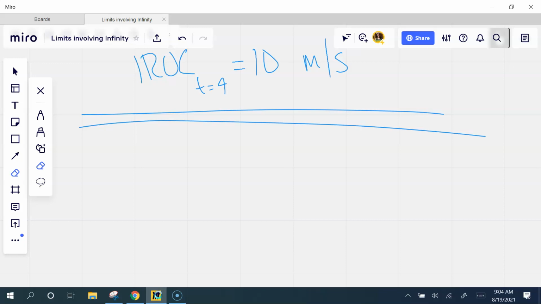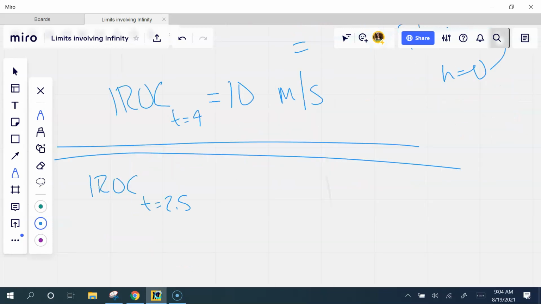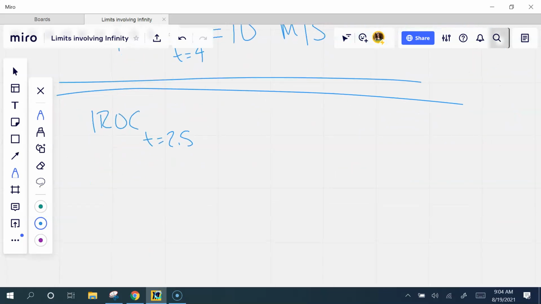You plugged a 0. Remember, I want when h equals 0. I did all that because I was manipulating it so that I could substitute 0. If you did not do the algebraic manipulation on the previous one, try to at least do the algebraic manipulation here.